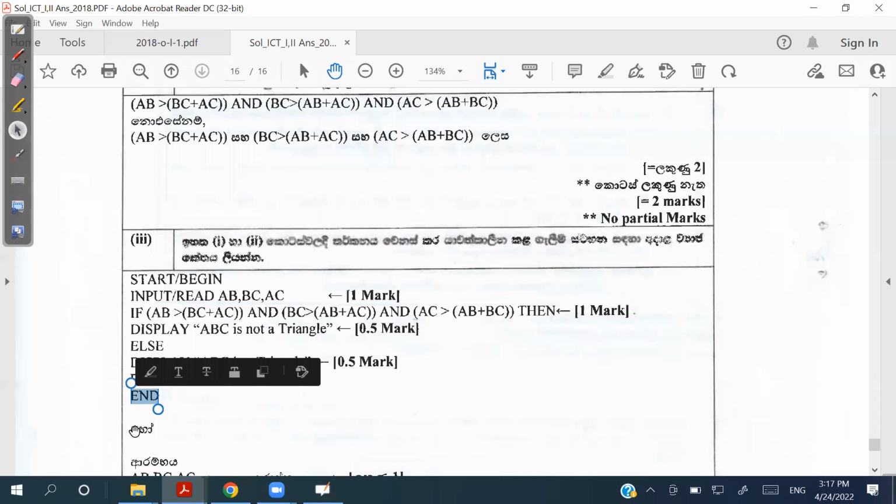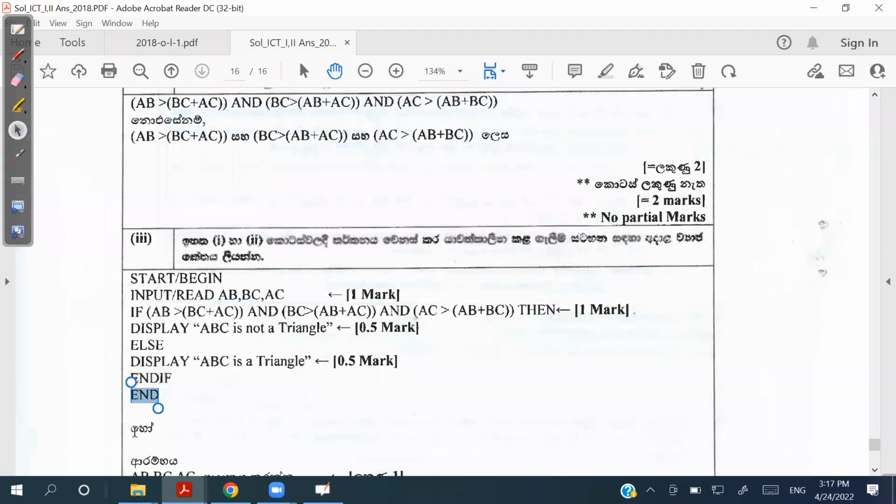Right, so here they have given another 3 marks for you. 1 mark for the input and output, another mark for the condition, and 0.5 for the display parts.